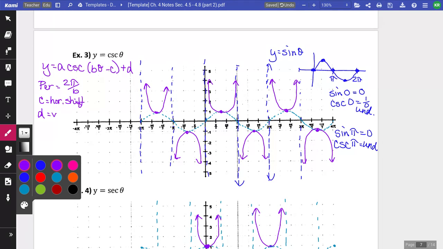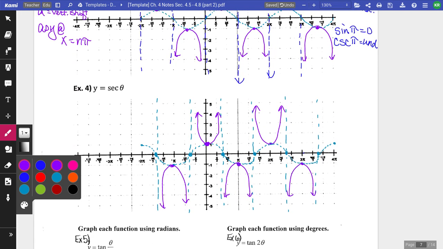D is your vertical shift. And then to find your asymptotes, they are going to be at x equals n times pi. So 1 times pi, 2 times pi, 3 times pi. That's how you can find your asymptotes for the cosecant.